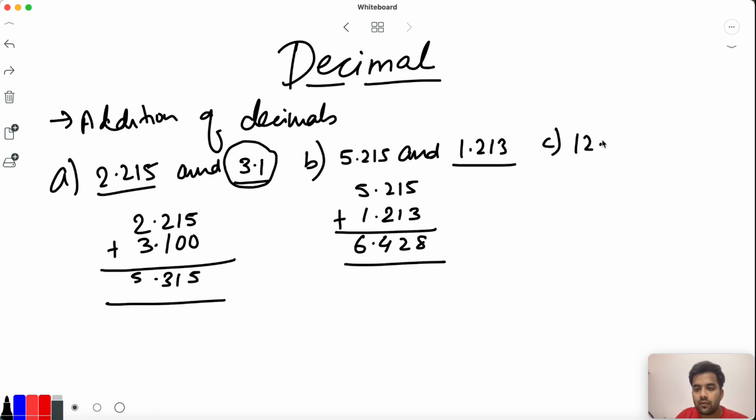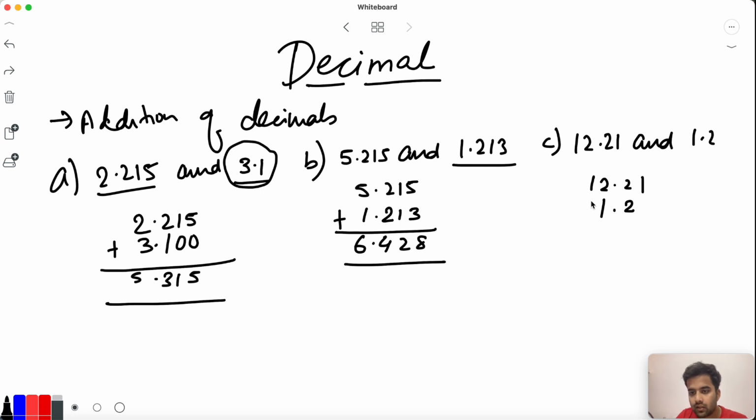Now assume we have 12.21 and 1.2. Assume 1.2 only. So write the first number, 12.21. Now put the decimal below the decimal. Now after the decimal what is it? 2. Before the decimal what is it? 1.